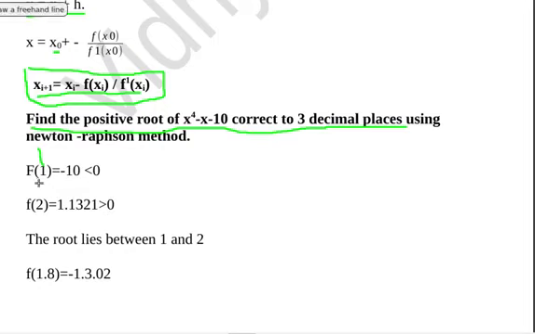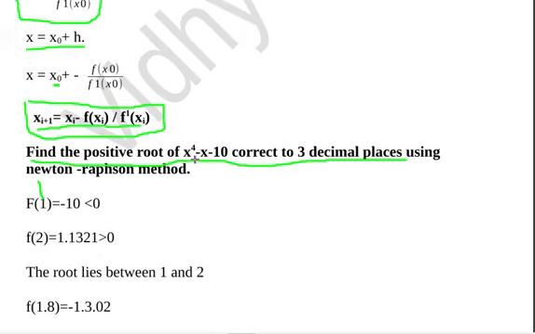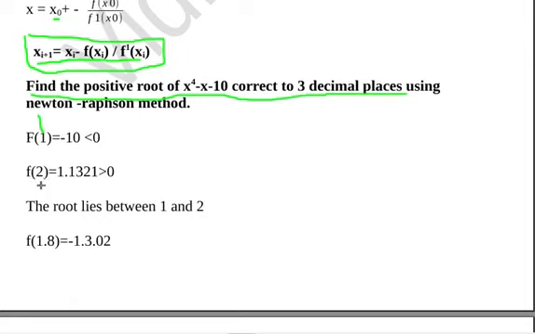So here I have found f of 1. f of x is x raised to 4 minus x minus 10. So f of 1 is 1 minus 1 minus 10, so I get minus 10, which is a value less than 0. Then I found f of 2. f of 2 is 2 raised to 4 minus 2 minus 10.